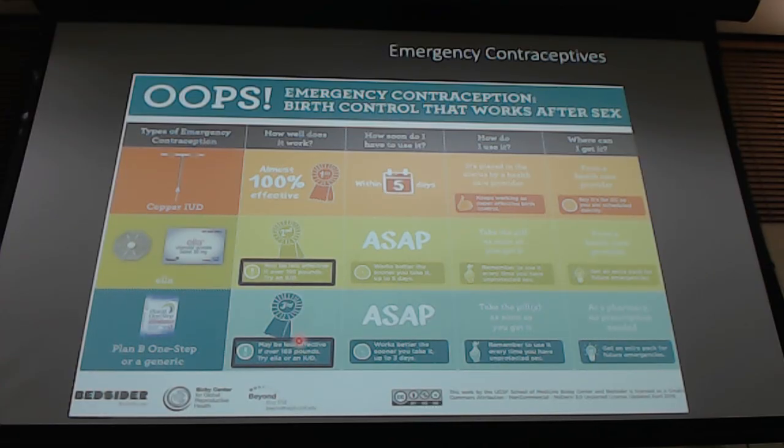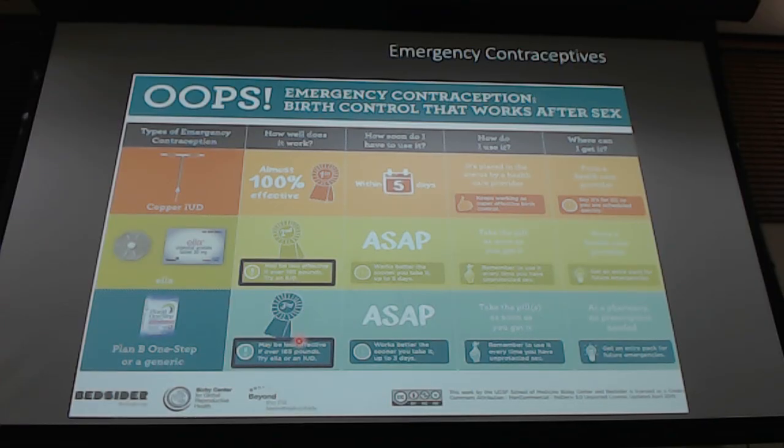Another thing with the Plan B is that this also has a weight limit. So if they're over 165 pounds, we don't know the effectiveness of this one either. So when you have a patient who comes in and they're talking to you about emergency contraceptives, their weight plays a role, right? Because if I was 180 pounds, is the Plan B a good option for you?